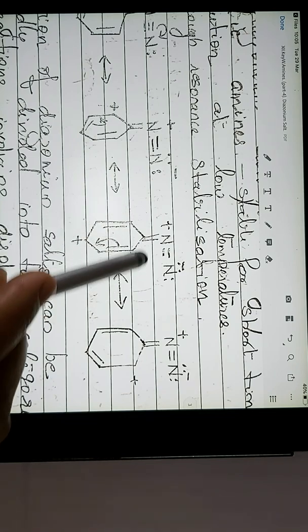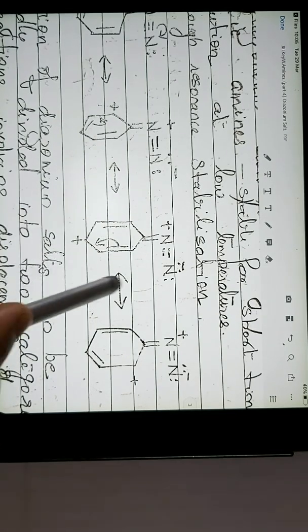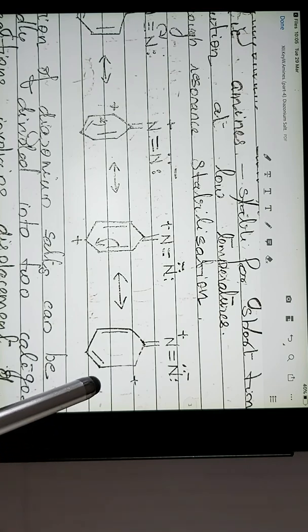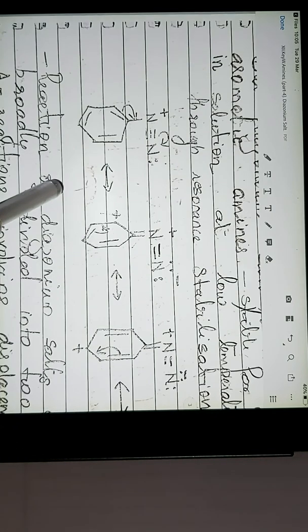Likewise, there will be a delocalization of electrons, and the positive charge also moves from one position to another inside this benzene ring, right? So likewise, four different structures are possible for this diazonium salt, and we have already learned that when there is a possibility of more resonance structures, an increased number of resonance structures means higher stability.